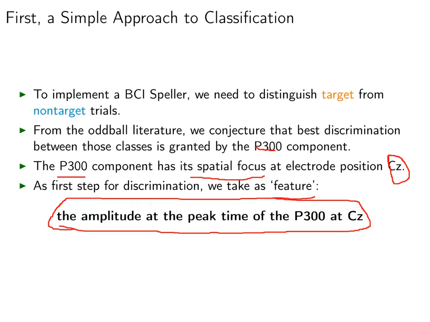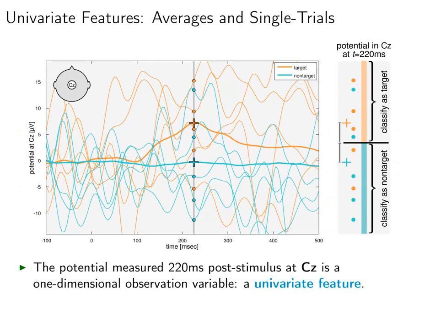How can we construct a feature vector? Because we're talking about just single amplitude features, we can call them univariate features. Here we see the data collected at the CZ electrode with two different colors.